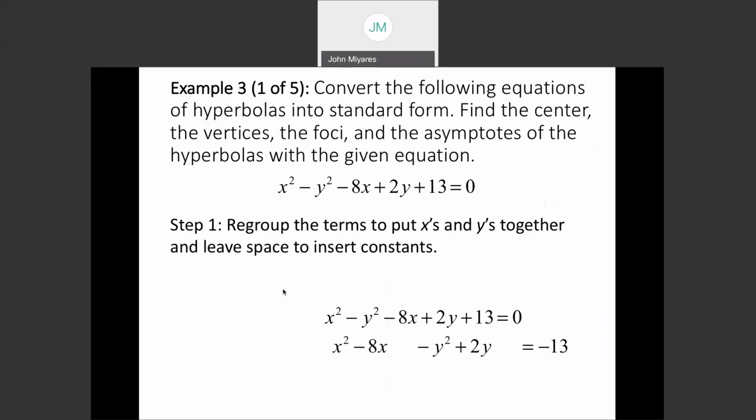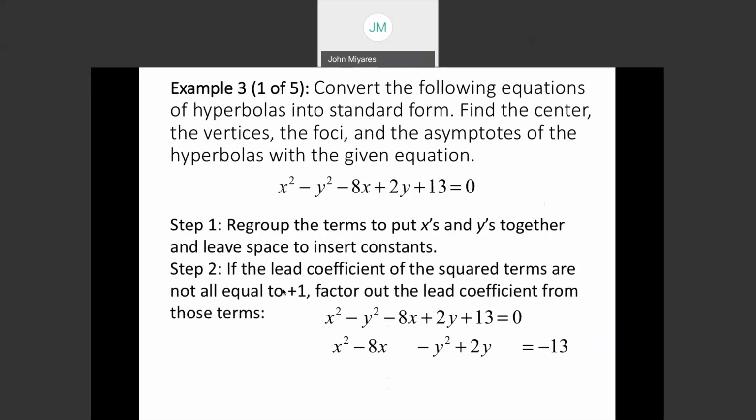Now, just like with ellipses, the coefficients of the squared terms won't necessarily all equal 1. If the coefficients of the squared terms don't equal 1, we will want to factor out the lead coefficient from those terms that are going to cause problems.